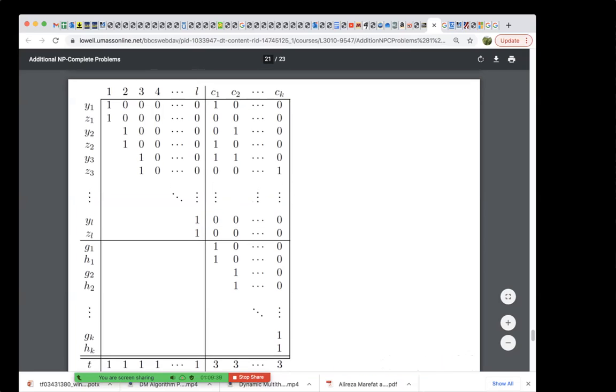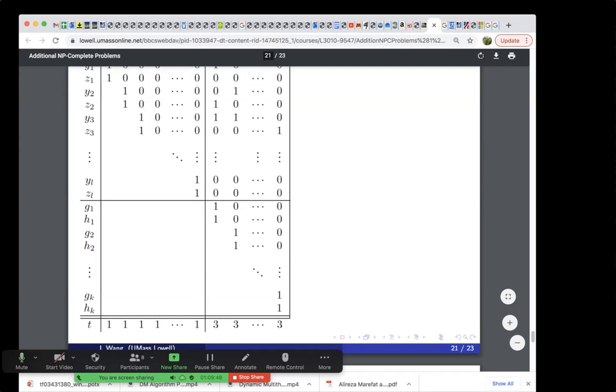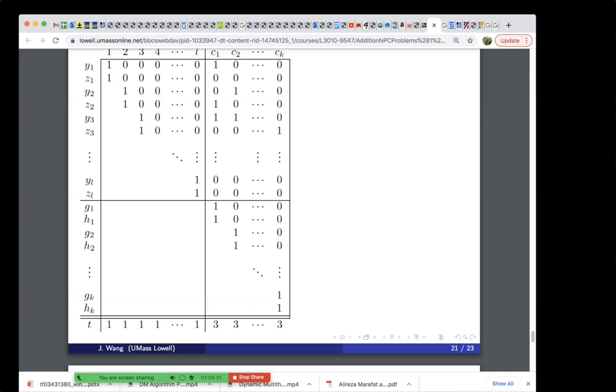So in other words, this is my t. Okay, so I'm going to set t to be this number. Which means that now this is my s, right? So I have these numbers. Now these are numbers, right? So I put all these numbers in s. Now, these y1, z1 are just for us to make connection to these numbers. But in s, it's just these numbers.